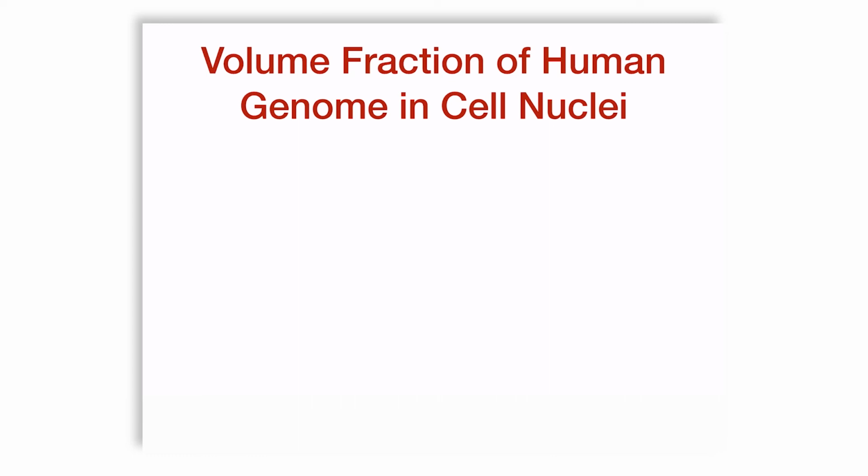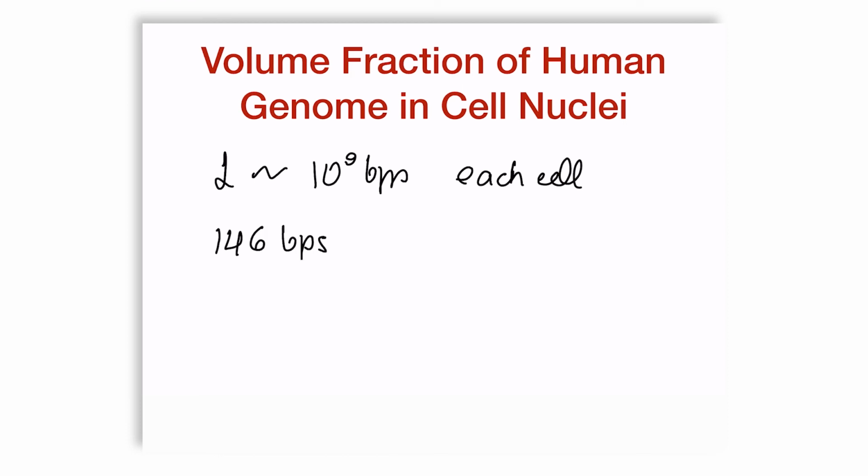So you need to look this up, but the human genome is, and I remember the meaning of this sign, it's an approximation, 10 to the power 9 base pairs. Each cell has this much DNA, right? We said that 146 base pairs is associated with one histone. So we call this 150 base pairs.